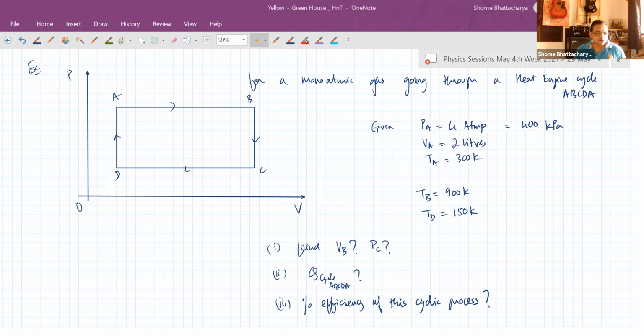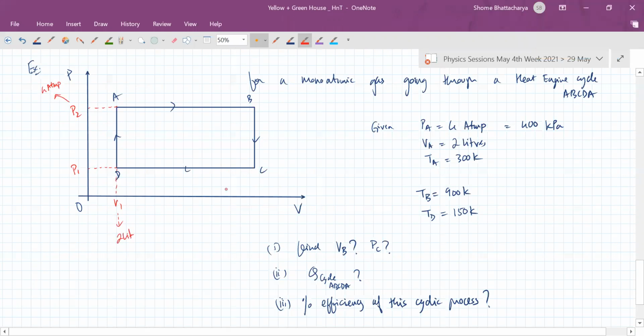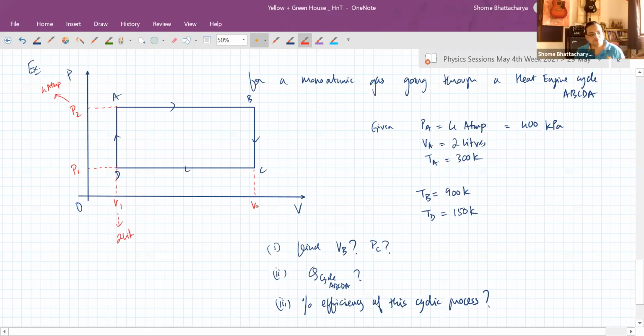Okay, so let's work this out quickly. If we take this pressure as, let's say, P1, this pressure as P2. This one's value we already know. This pressure is 4 atmosphere. This volume as V1, this one's value we already know, this is 2 liters. This volume is V2.